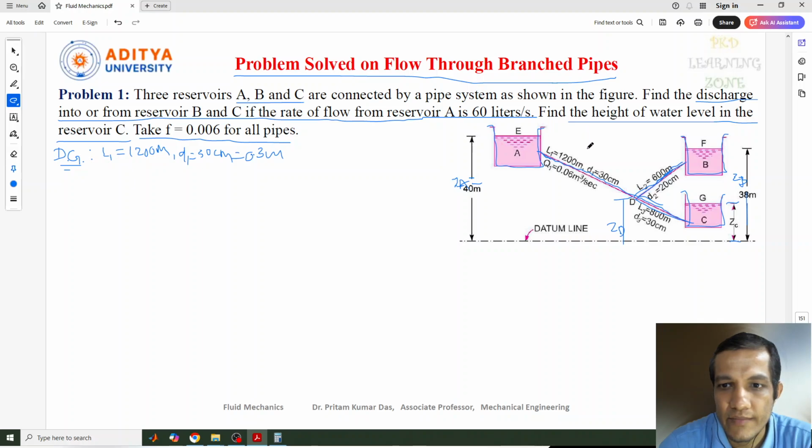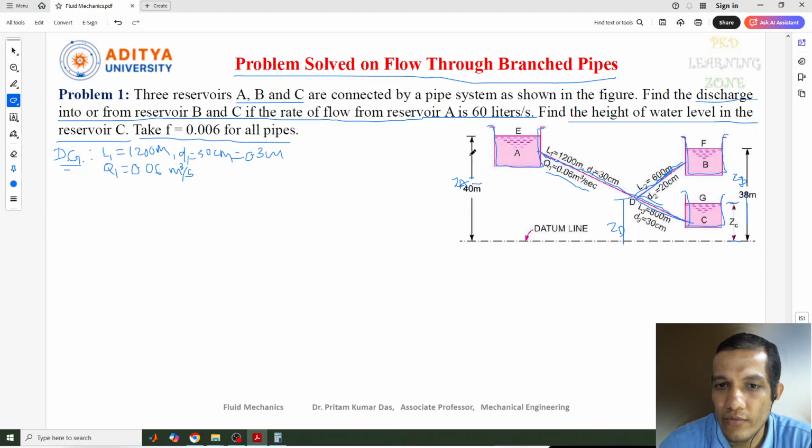And here the discharge is also given. What is the discharge from A to D point? It is nothing but Q1, and as already given in the question, that is 0.06 meter cube per second. So A to D is completed.